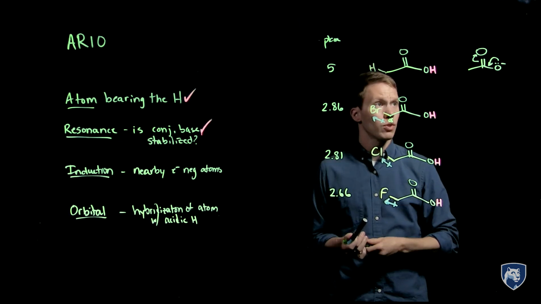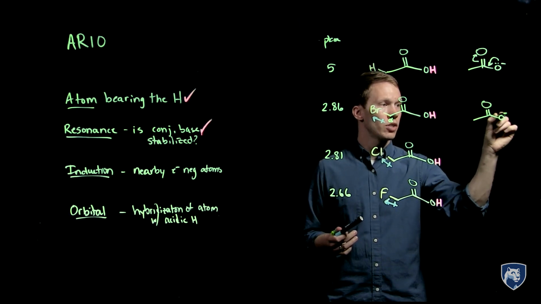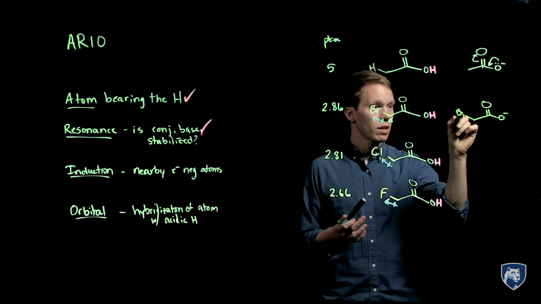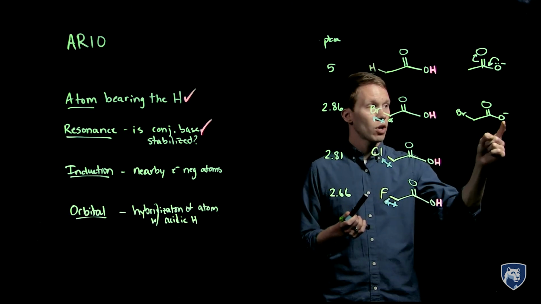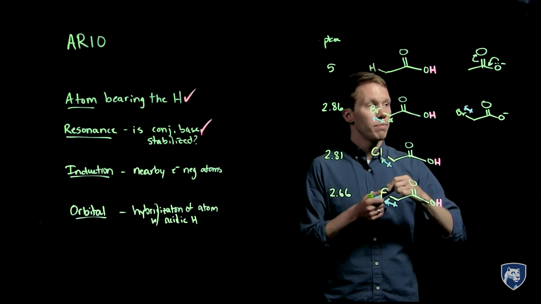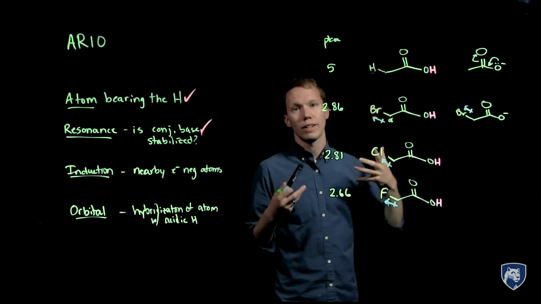So if we have an electron withdrawing atom, such as one of these halogens here in the conjugate base, we will see that when we have a negative charge nearby, this inductive withdrawal would be stretching some of that negative charge, stretching that cloud of electron density.